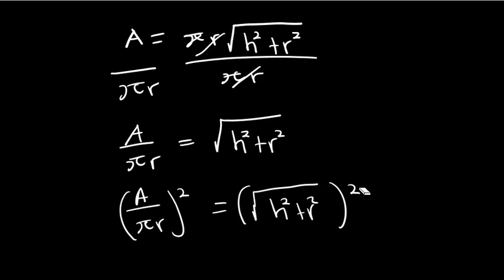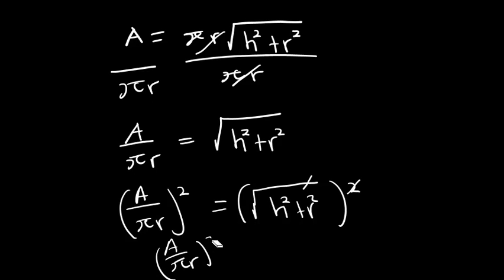Now in this case, this square is going to cancel the root sign, so you are going to have A over pi r all squared being equal to h squared plus r squared.